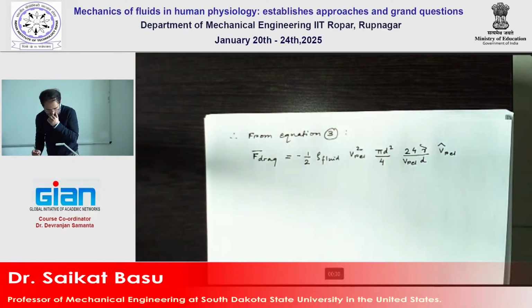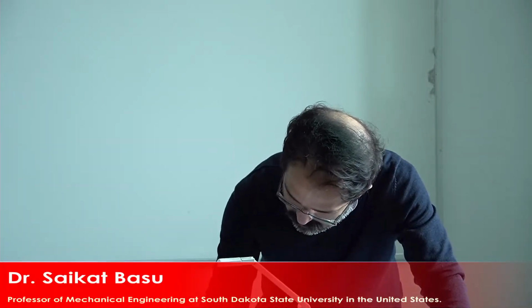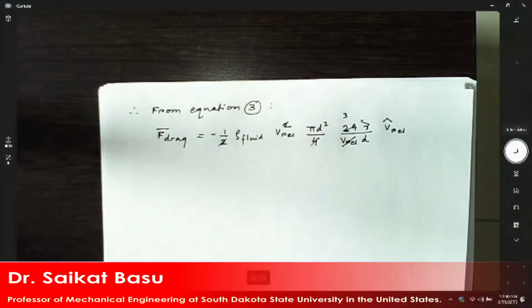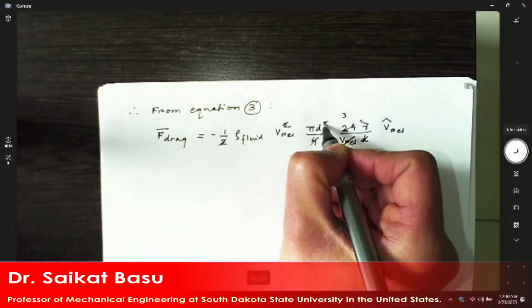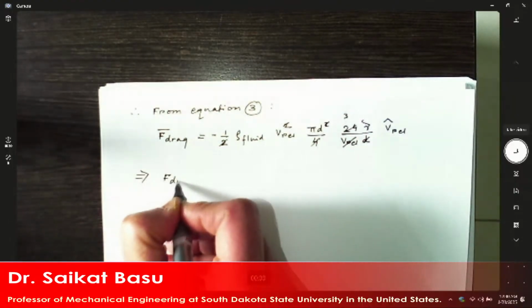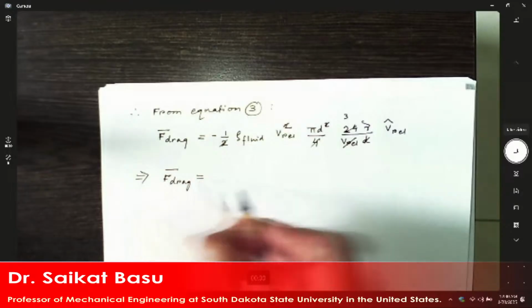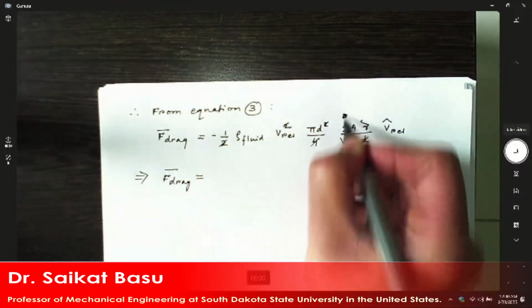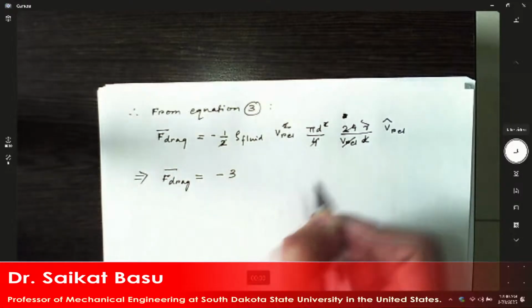So let's simplify this a little bit. So we have 2, 4, so this becomes 3. We have 1 V relative over here, so that cancels the square. And what else? The d gets cancelled here. So F drag is this 3, so minus 3 pi.